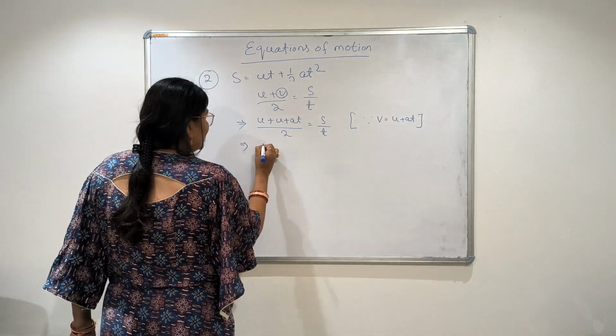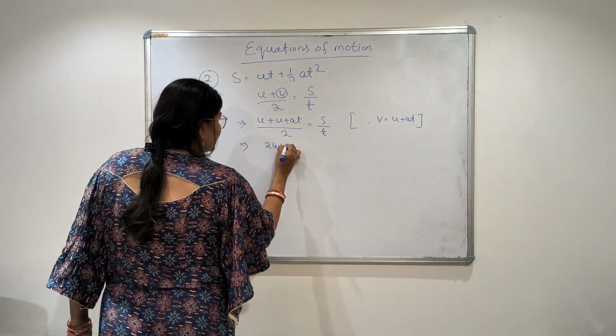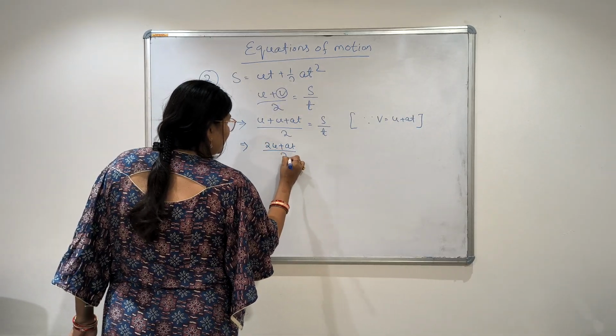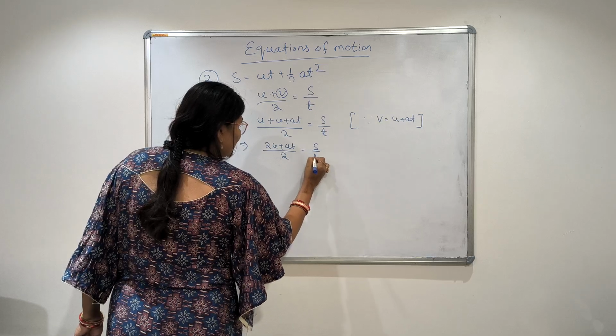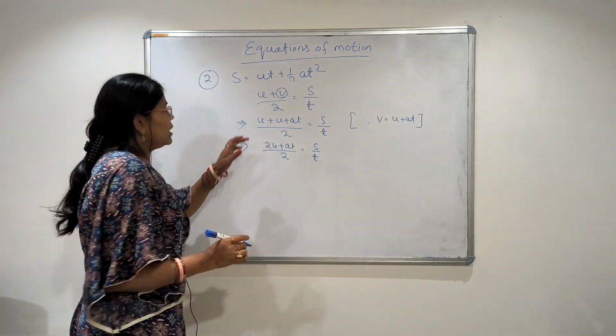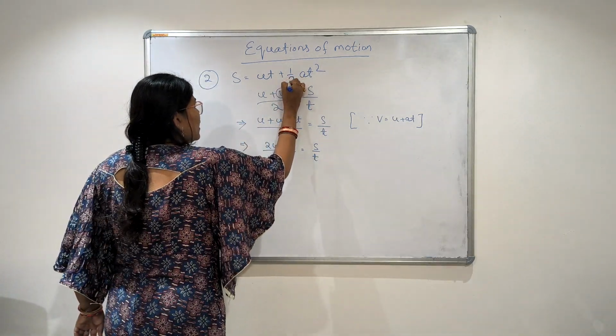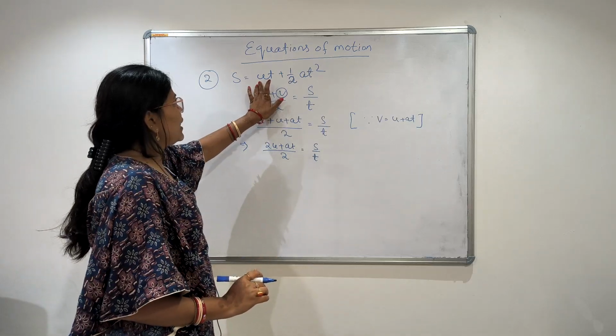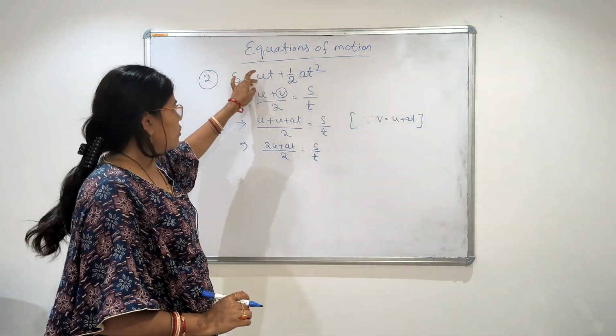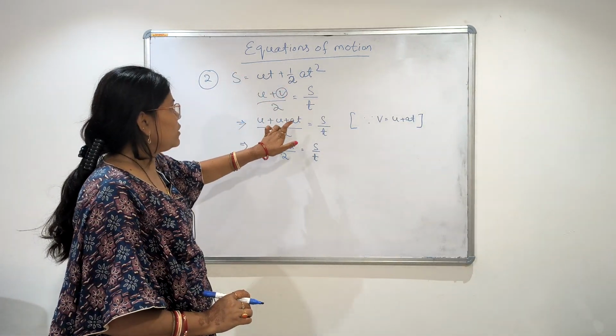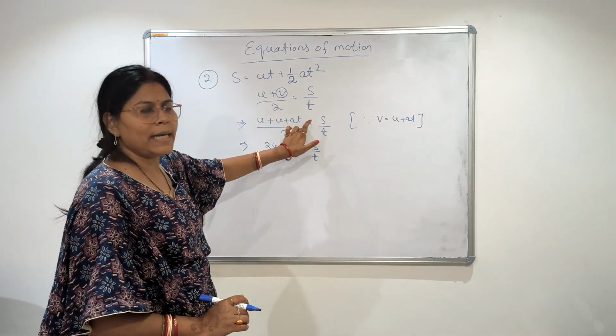So this implies 2u plus at divided by 2 is equal to s by t, because we have to get the formula in u, not in v. So we have to convert v in the form of u and a.